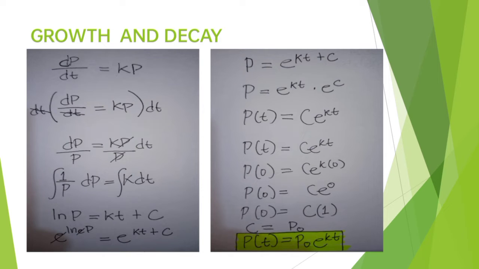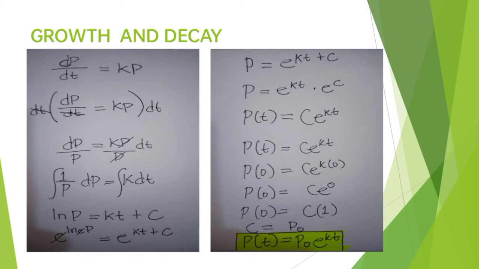Then dP over dt equals kP, so to remove the P we need to divide both sides by P. After that, we get 1 over P dP equals k dt.